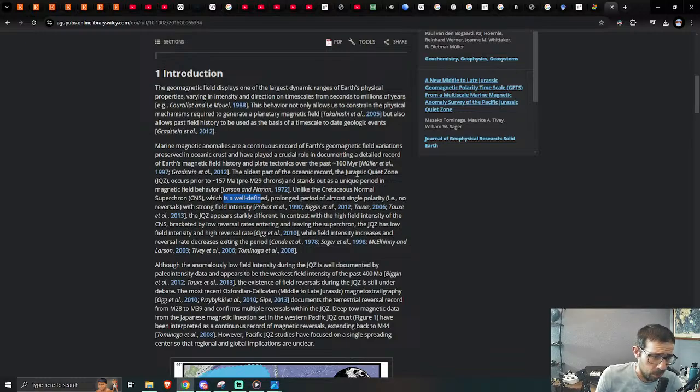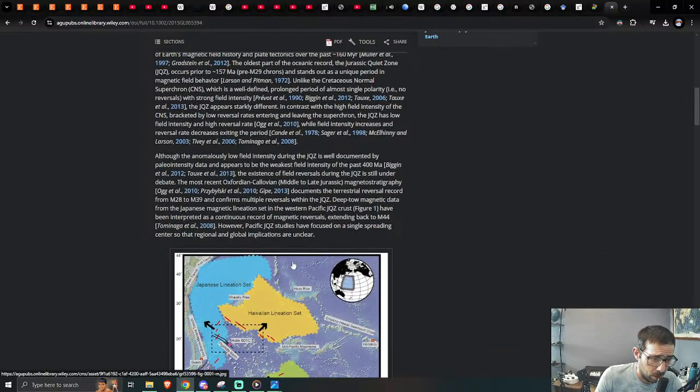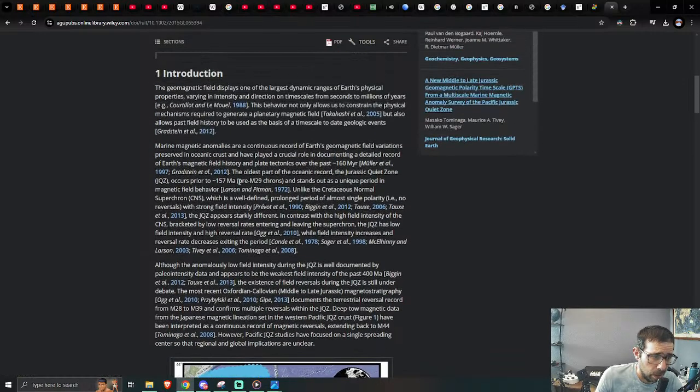The oldest part of the oceanic record, the Jurassic quiet zone, occurs prior to 157 million, pre-M29 crons, as the magnetic lineaments are called and labeled, and stands out as a unique period in magnetic field behavior, unlike the Cretaceous normal supercron, which is a well-defined prolonged period of almost single polarity, i.e. no reversals with strong field intensity.